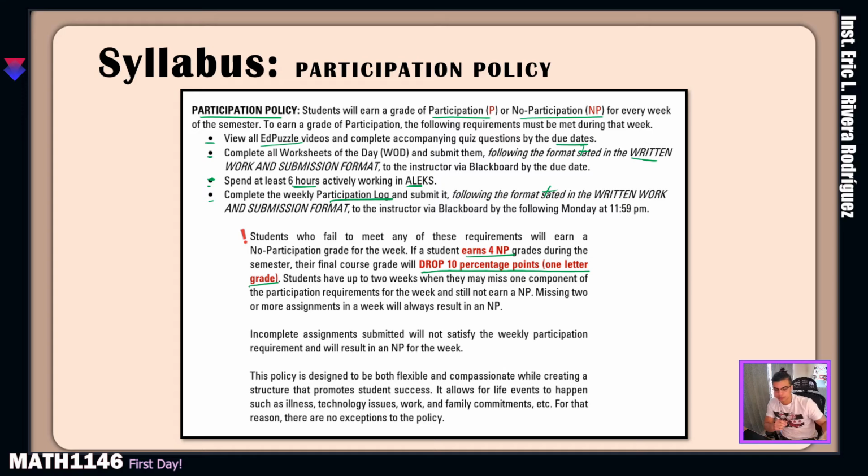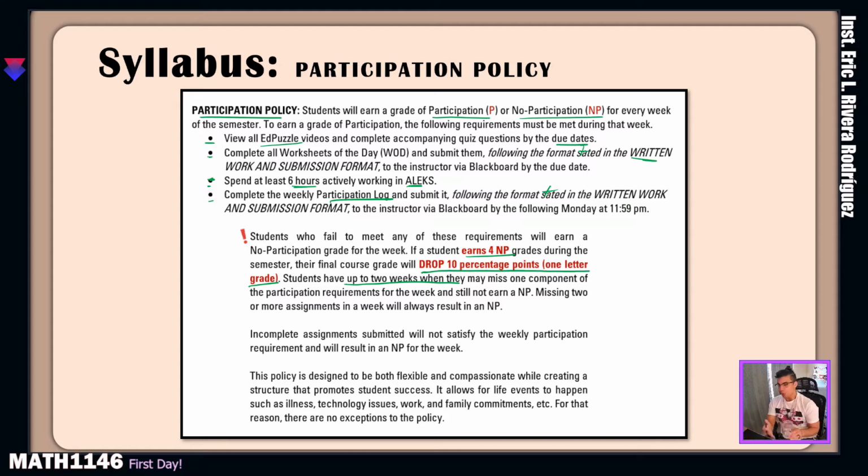Since there are multiple situations during a semester, you will have up to 2 weeks when you can miss just one component of the participation requirement, and you are not going to earn a no participation grade. Okay? That means that we have 4 requirements.